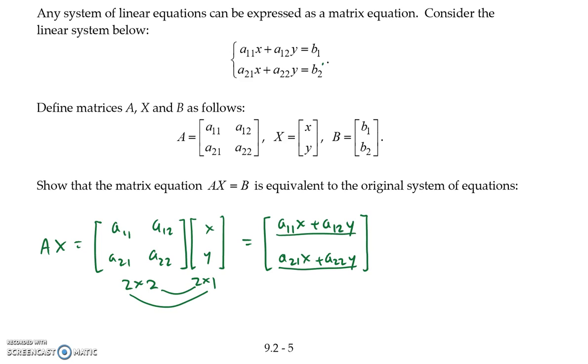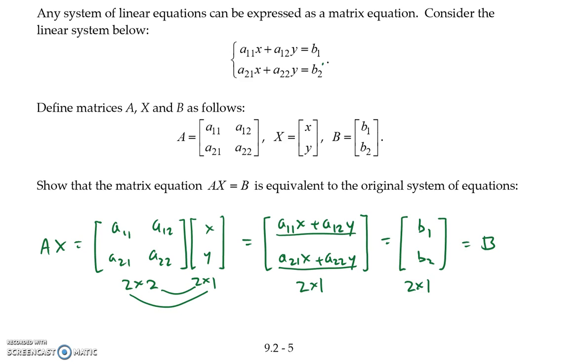So that's A times X. If we set that equal to B, which is b1 and b2, what we have is a 2 by 1 matrix here and a 2 by 1 matrix here.